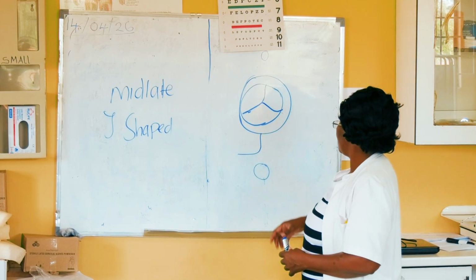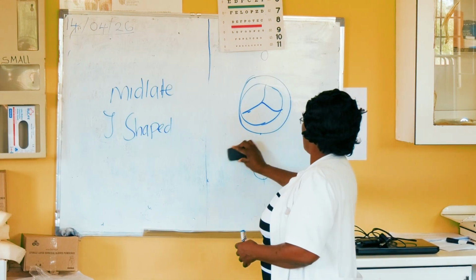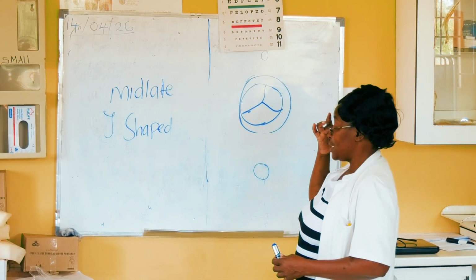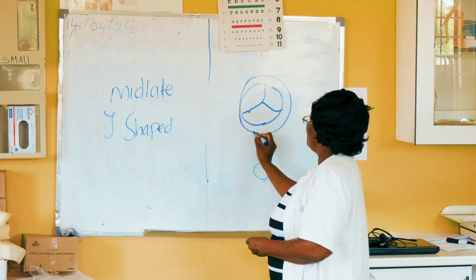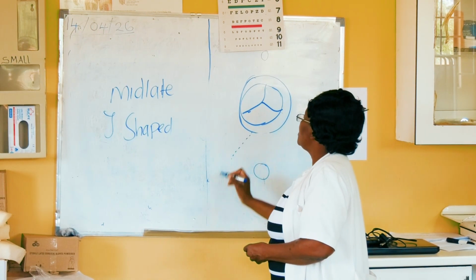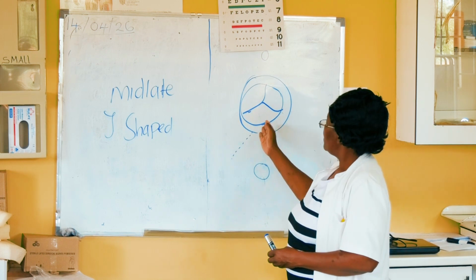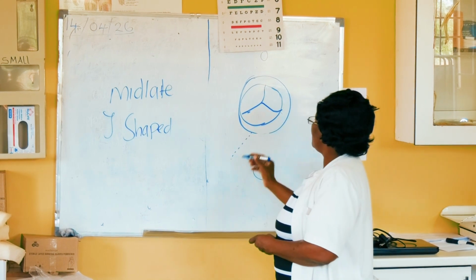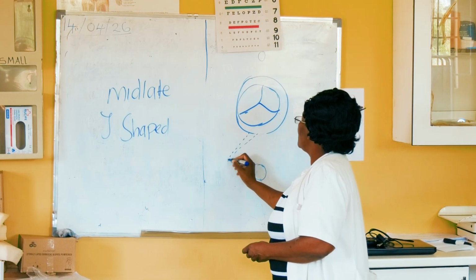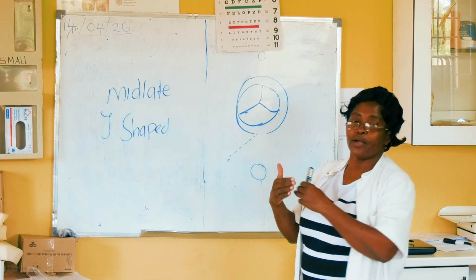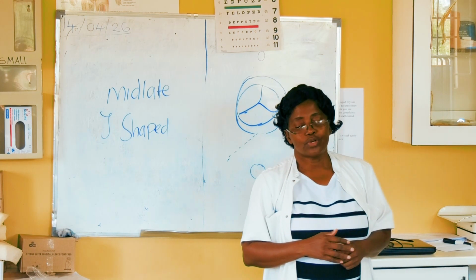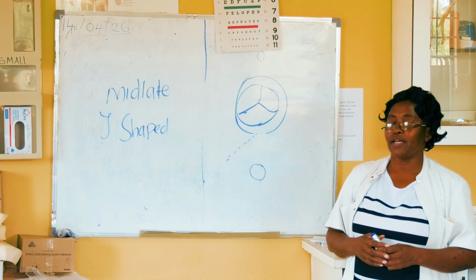Then the other method we can do is the mid-lateral, and in the mid-lateral, we are saying that instead of coming down like that, we are going to make our cut to go that side. So that when we cut from the mid to there, then we go this side on the lateral aspect, it is going to easily open up, and we are able to have a wider space and deliver the woman.